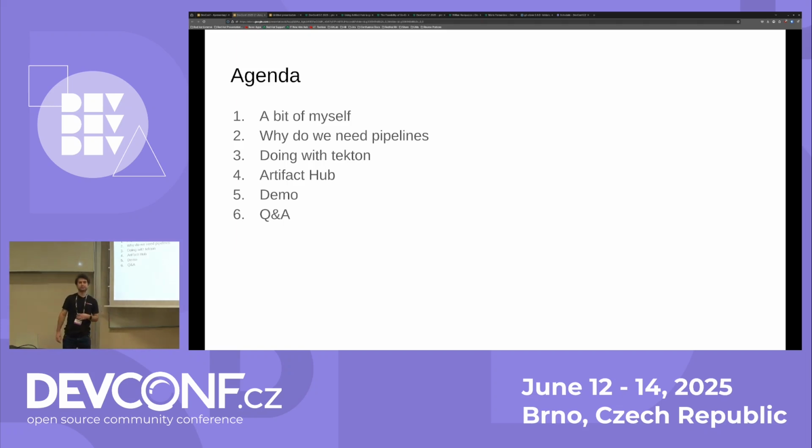I'm planning to talk a bit about myself, just a quick introduction, then explain why we need pipelines, or why we should have pipelines in our software project. Then how to do this with Tekton, and then I will present the Artifact Hub and a demo, which is actually a comparison between doing this in pure Tekton and using Artifact Hub.